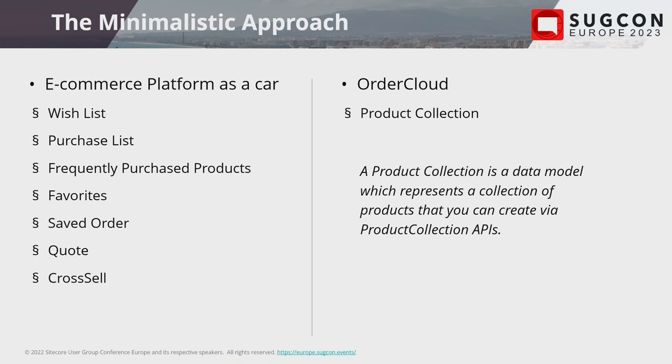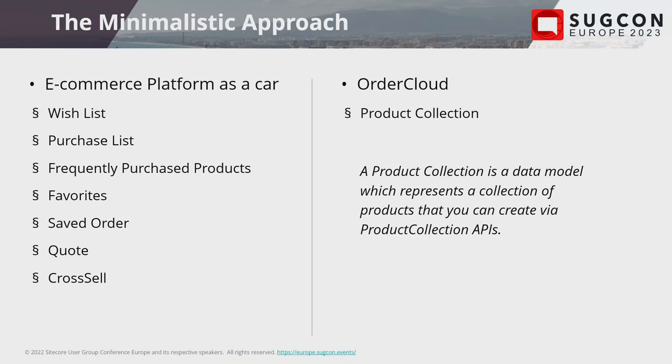When we build these features, oftentimes, especially in B2B commerce implementations, we have to customize them, and it becomes difficult. But the way OrderCloud approaches it is as a product collection. All the things on the left side are really a collection of products.